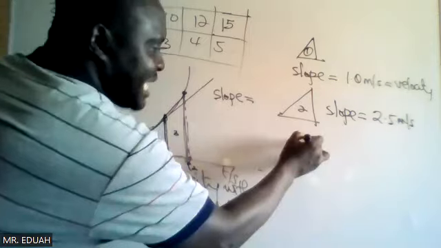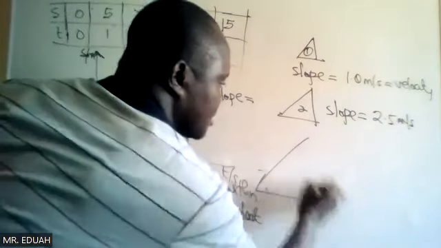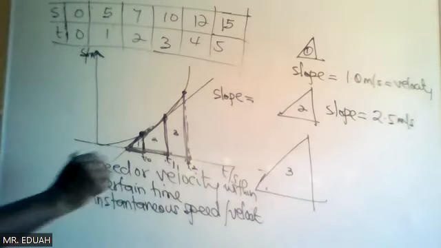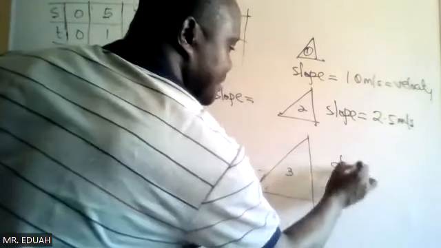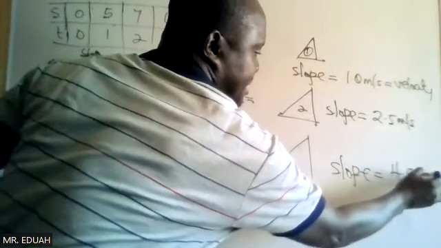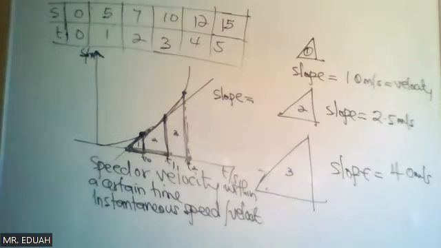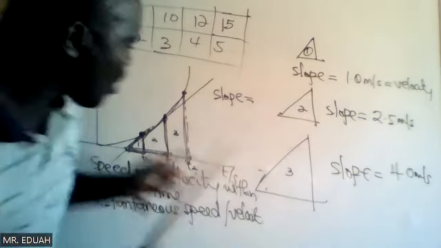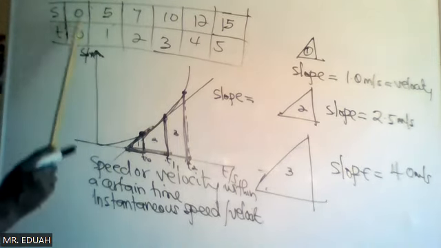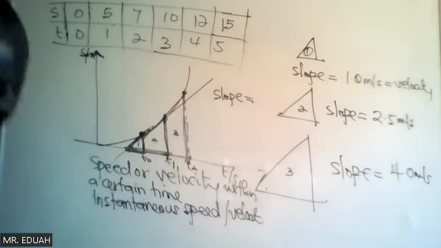Then the third largest triangle, 3, which is for the time t3, can also give us a slope equal to maybe 4.0 meters per second. And this would happen because the distance or the displacement of the body increases with time.